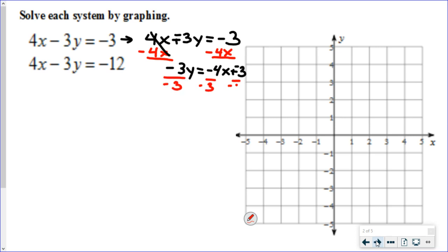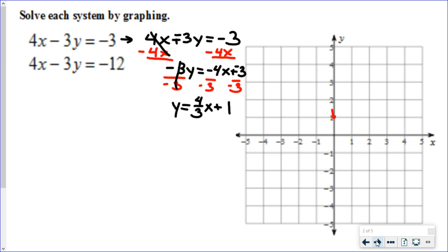Now remember, when I divide, I have to divide all 3 terms. So I get a negative over a negative is just a positive. I'm going to leave my slope as a fraction because we want slope to be a fraction, actually. And a negative 3 divided by negative 3 is 1. So I'm going to start here at up 1.